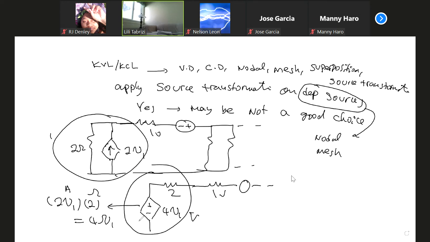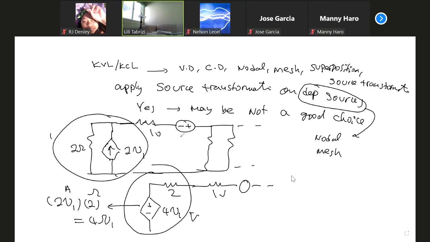The dependent source goes to the dependent source. That's perfectly fine. Now, remember, the whole purpose of source transformation was to combine, to reduce the size of the circuit. If I had an independent current source, after converting to voltage source, I could combine.